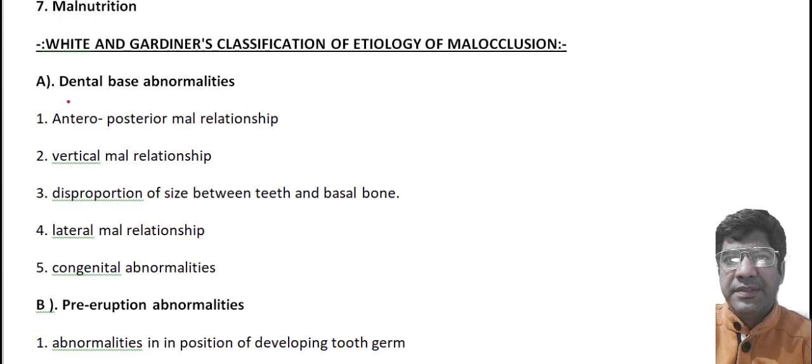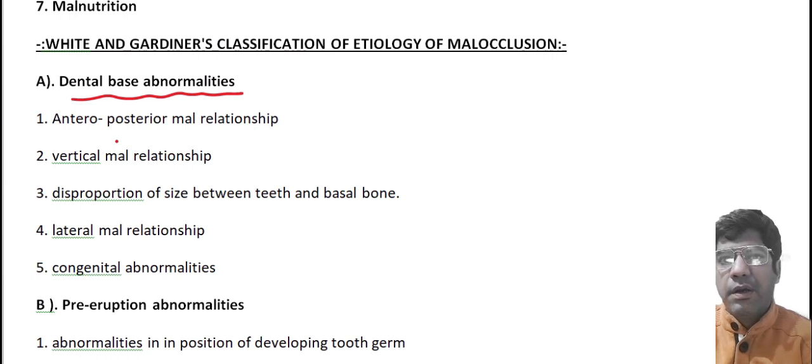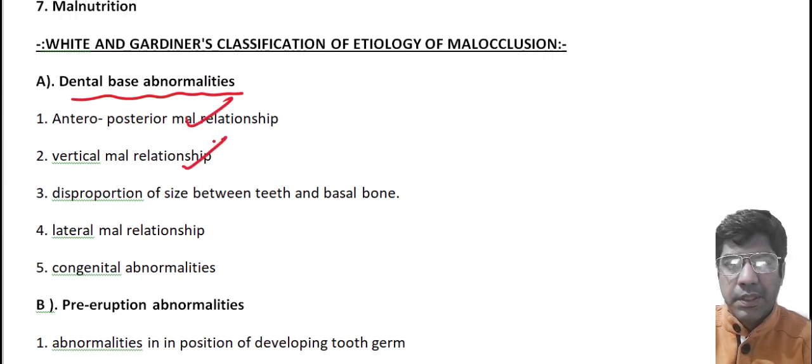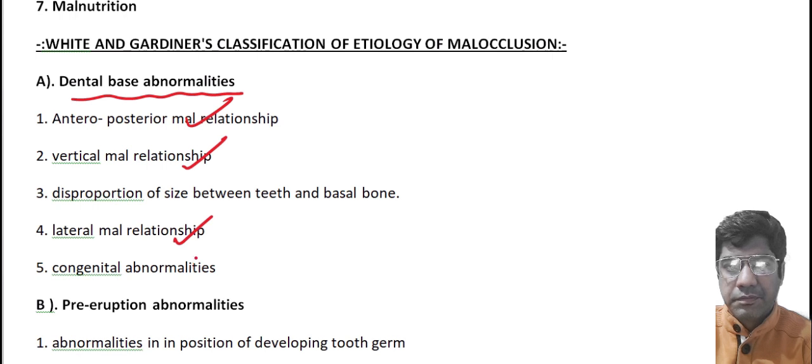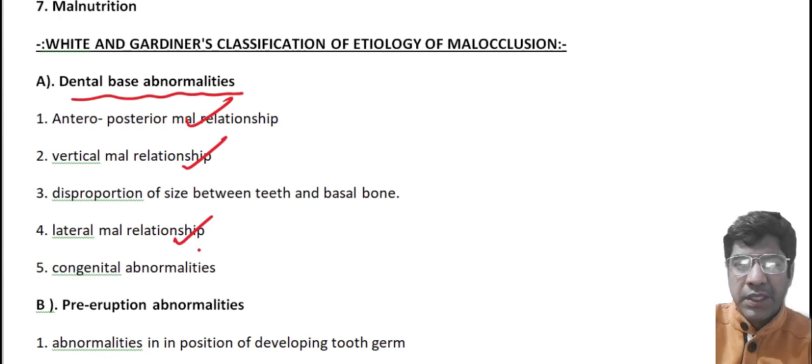The first is the dental base abnormalities that could be due to the anterior-posterior malrelation, vertical malrelationship, or lateral malrelationship of the teeth. The lateral malrelation refers to the side-to-side positioning of the teeth or the jaws. Vertical means the irregularities in up and down alignment of the teeth. And anterior-posterior refers to the abnormalities in the front to back positioning of the teeth.